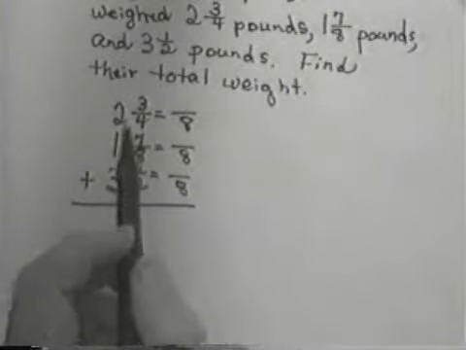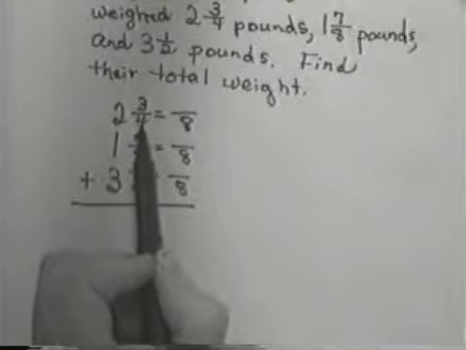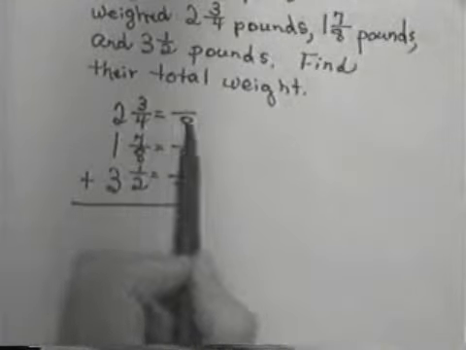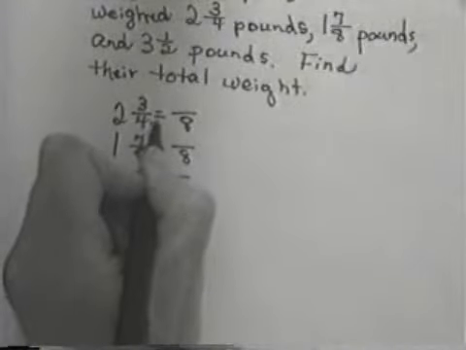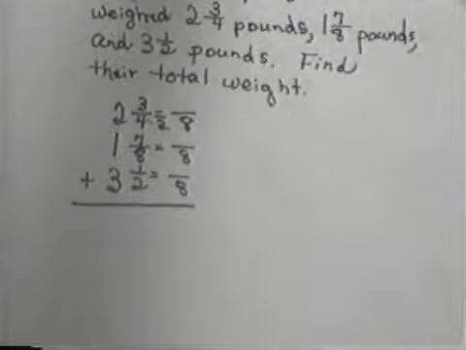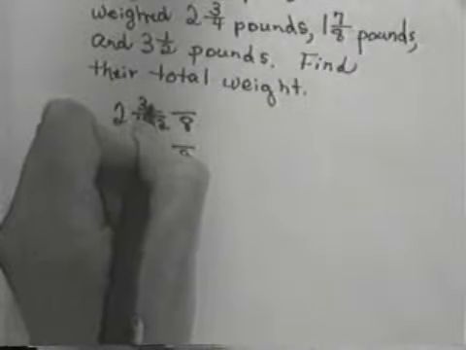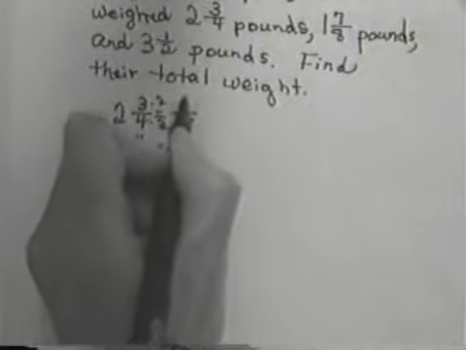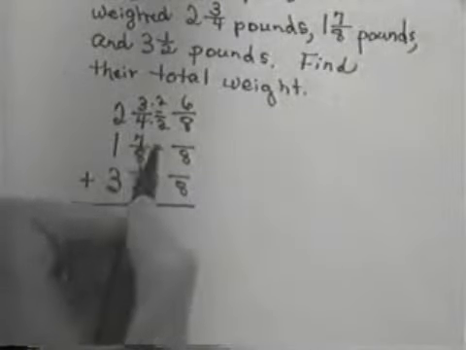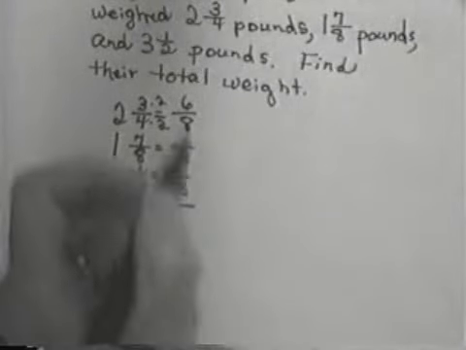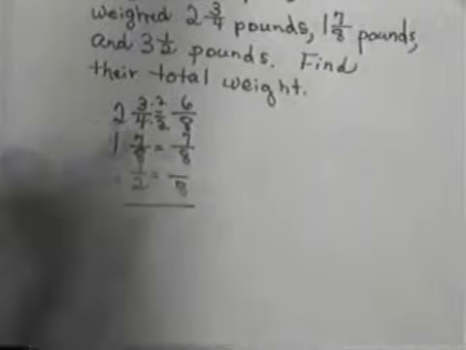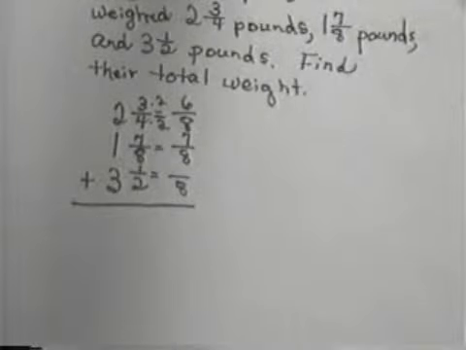So to do that, remember, we decide what we need to multiply by to turn this 4 into an 8. Whatever we multiply the 4 by, we also have to multiply the 3 by. We have to multiply by 2. We end up with 6/8. Then when we come down here, we already have the right denominator, so we can just put our numerator of 7 up there.